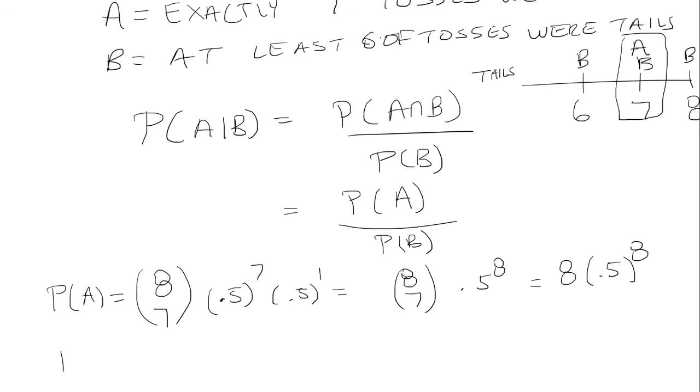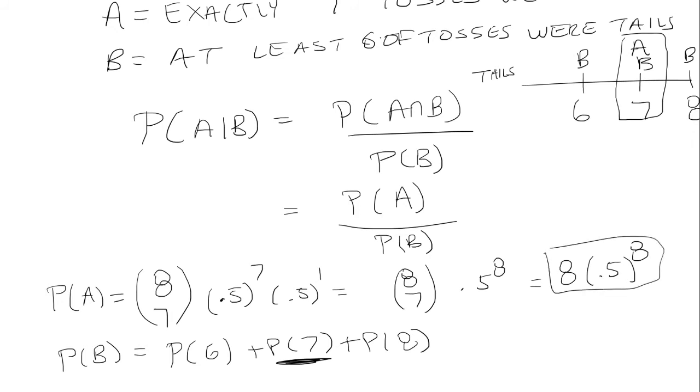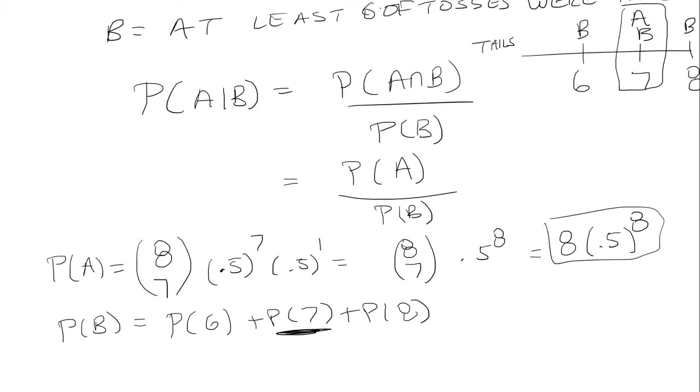Now for the probability B of getting at least 6 of the tosses, that is the same thing as getting probability 6 tosses, 7, and 8. So we found 7 was this one. So let's figure out 6 and 8.